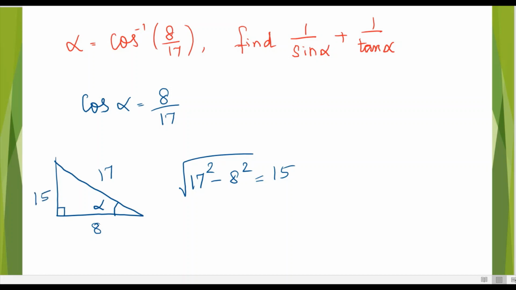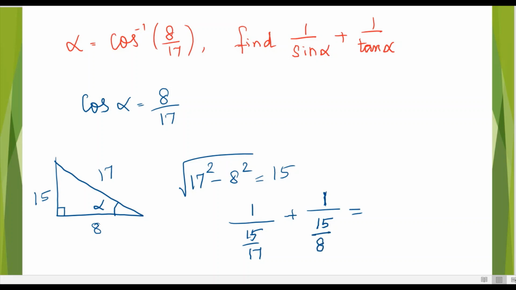Okay. Now 1 over sine alpha. Sine alpha is nothing but 15 over 17, so 1 over sine alpha is 17 over 15, plus 1 over tan alpha is 8 over 15.